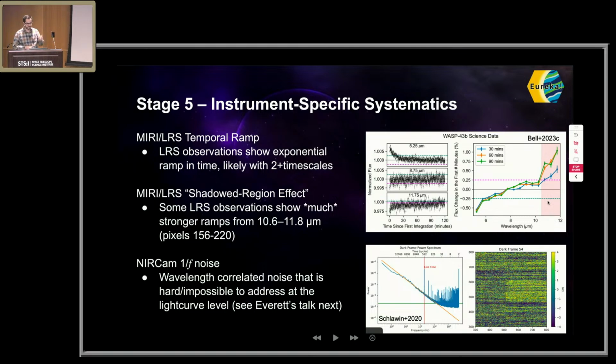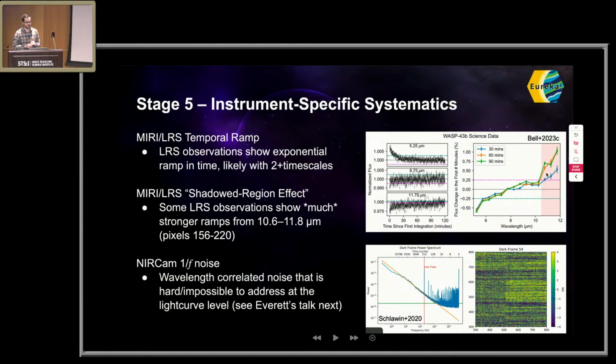The LRS slit subarray is in a particularly unfortunate place where it has quite non-uniform background illumination. And so something, we don't know what, in some observations causes really bad ramps in these wavelengths. And at least for these observations, it seems basically unrecoverable.